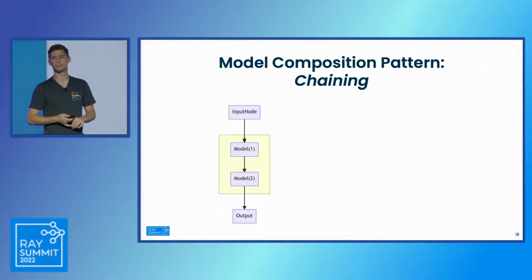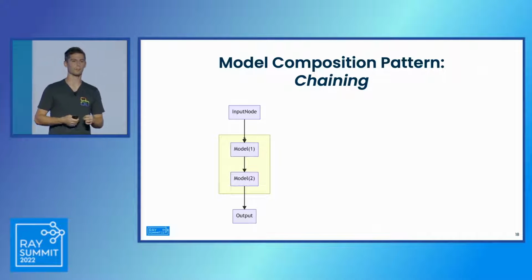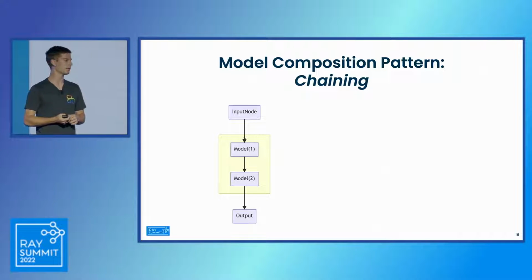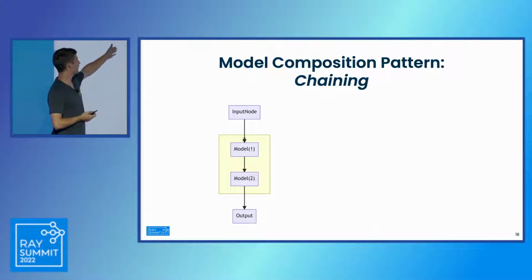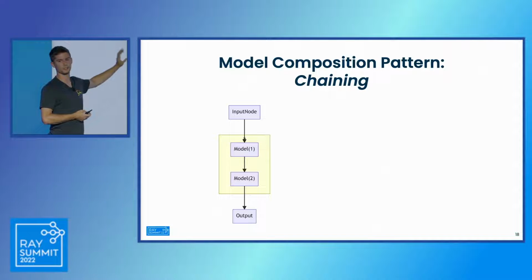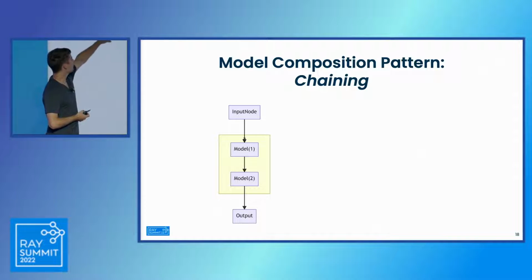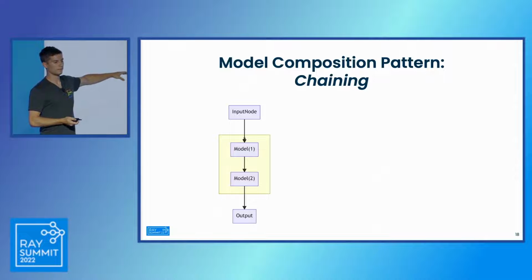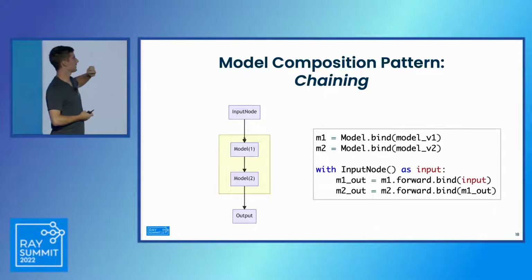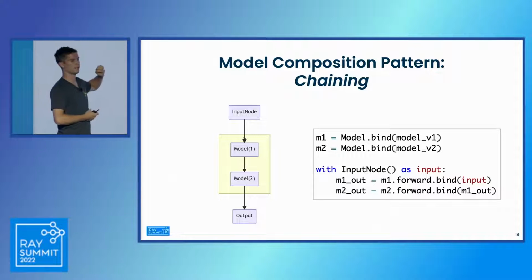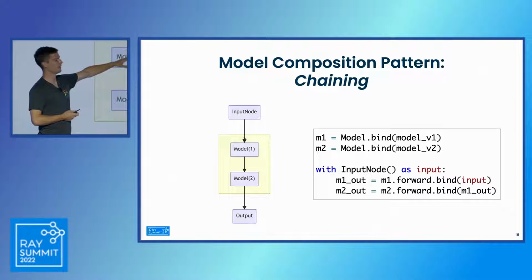So let's dive into a couple of the patterns that we see for model composition and how we can solve them with this API. The first one is quite simple. Imagine that you just have multiple models that you want to chain together. So you have some kind of input. You want to pass that to a first model, and then take the output and pass it to a second. This is really easy to express in the API. We're basically just going to use this bind call to define each one of our models.